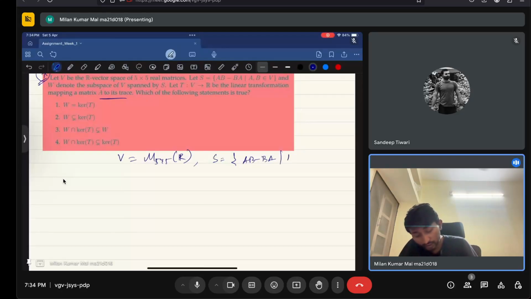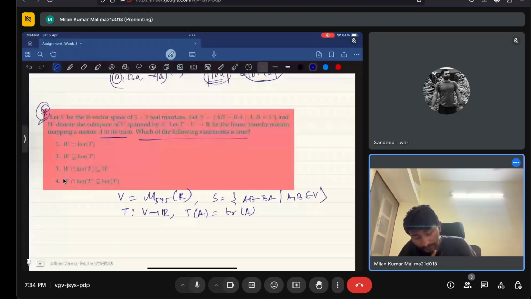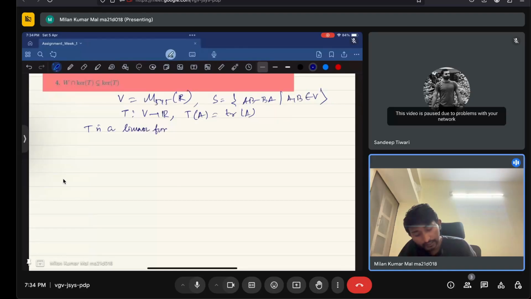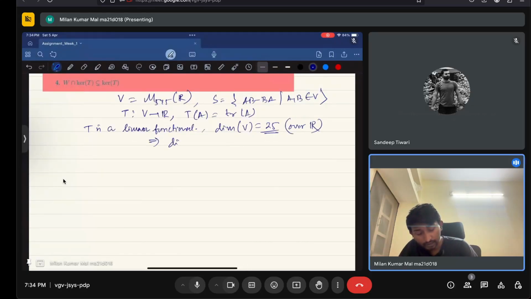The important thing here is that T is a linear functional, right? And the dimension of V is equal to 25 over R. So that implies the dimension of the kernel of T, that is the nullity of T, will be 24.